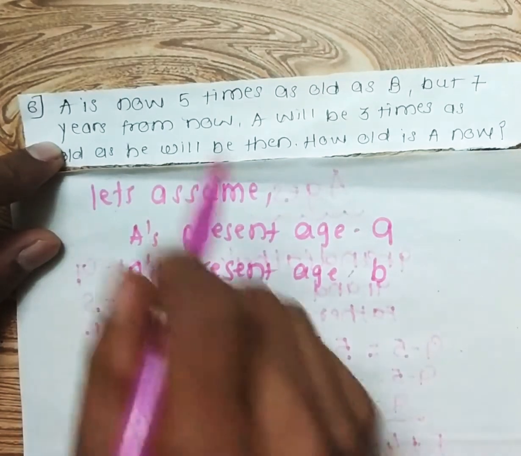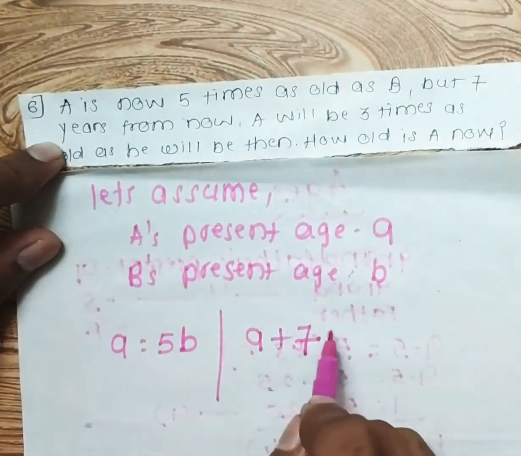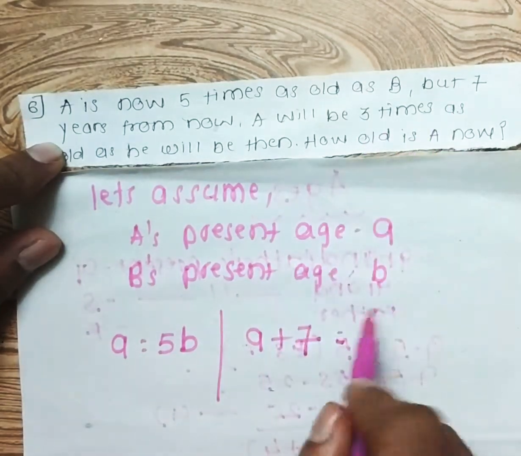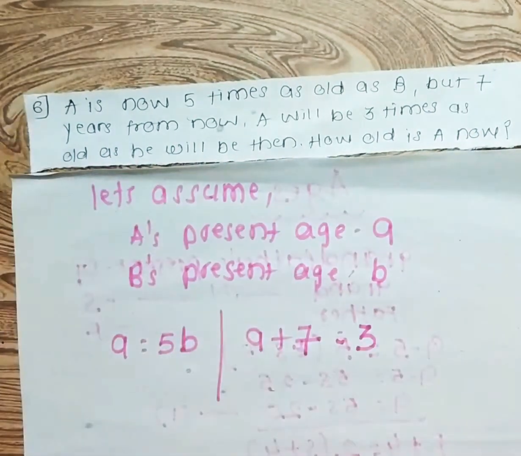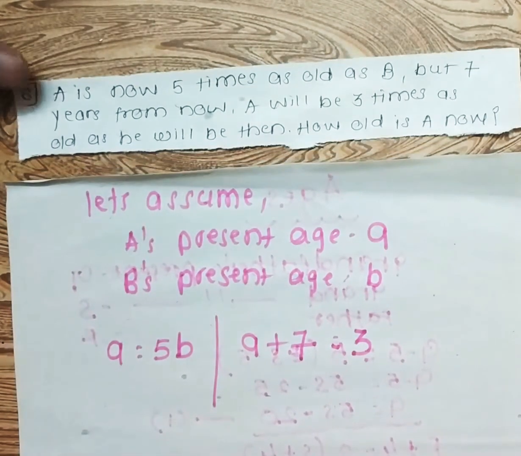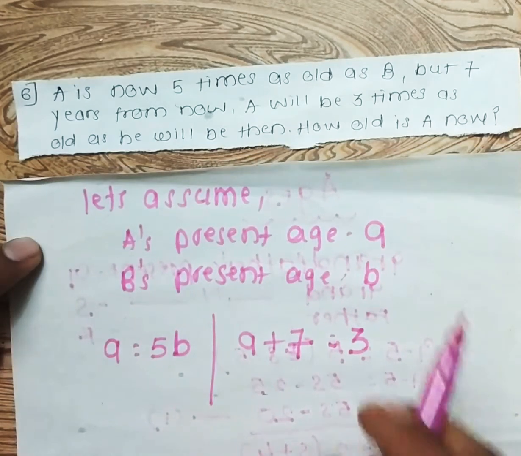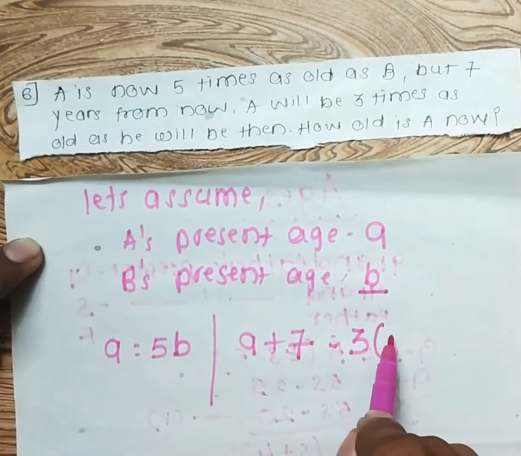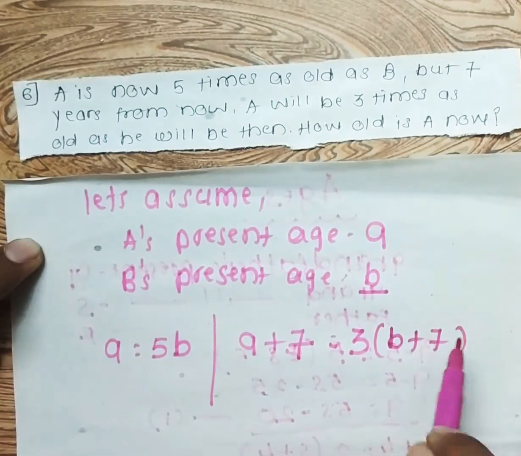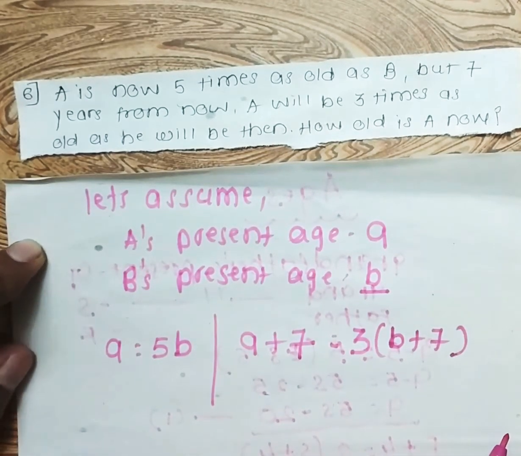A will be 3 times as old as he will be then. As old as he will be then means what? It means B will be then. If B's present age is B, then 7 years from now B should be B plus 7.